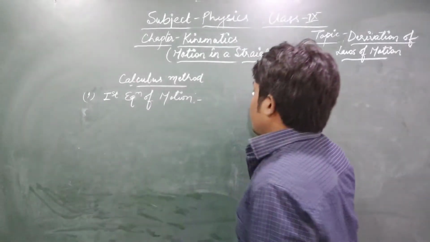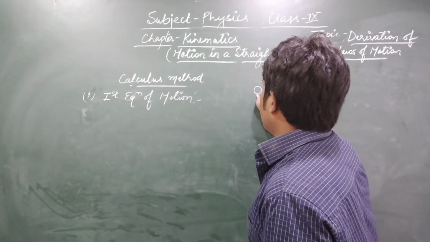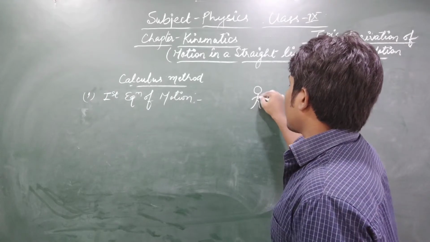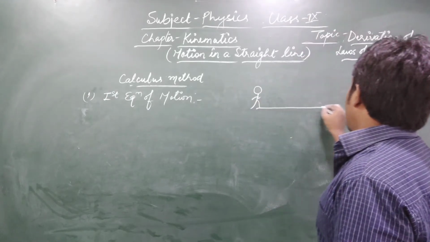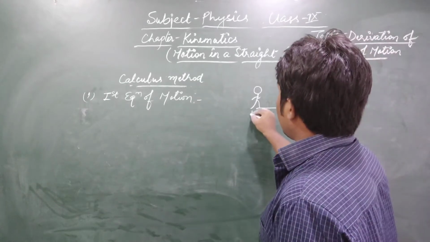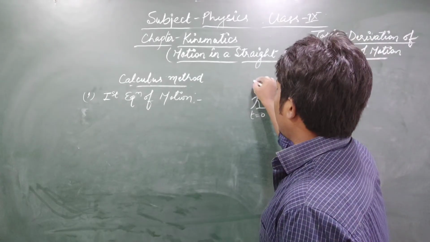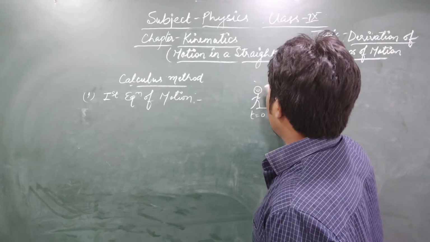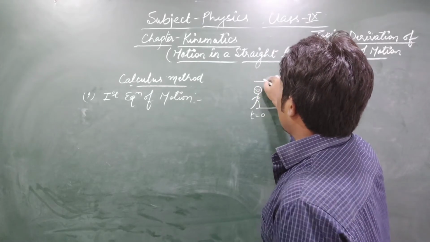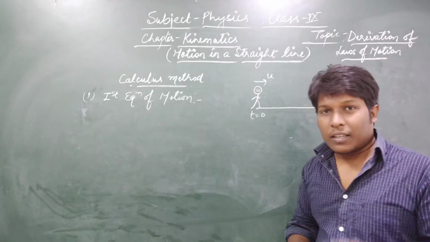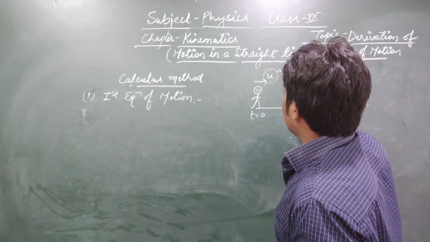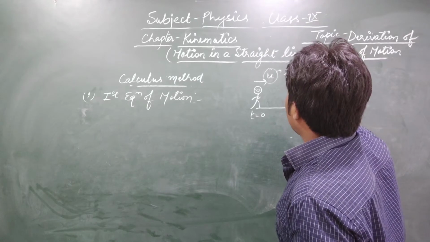Let's see here. A person is standing at t is equal to 0, a smiley face. At t is equal to 0, it has initial velocity u. What is u? u is the initial velocity.